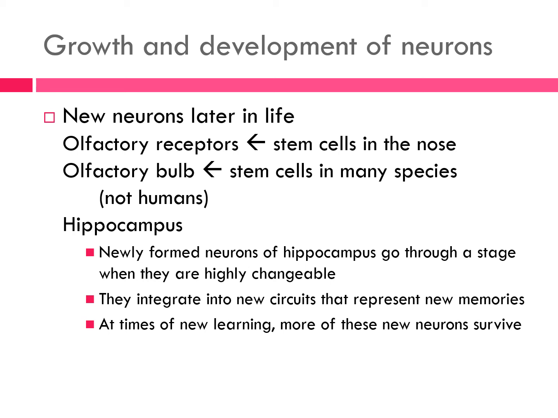People who lose their sense of smell completely from some accident, it's pretty common that they become depressed, and we see smaller hippocampi in those people as well. So I just want to stress how important new learning is, okay, because that neurogenesis is happening.